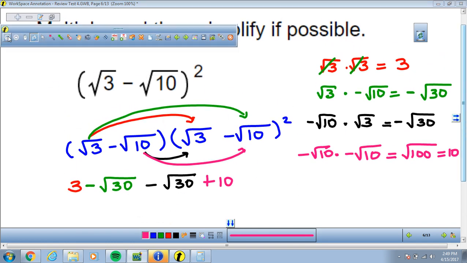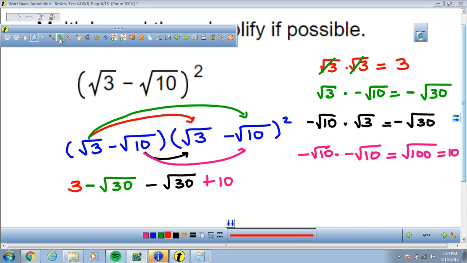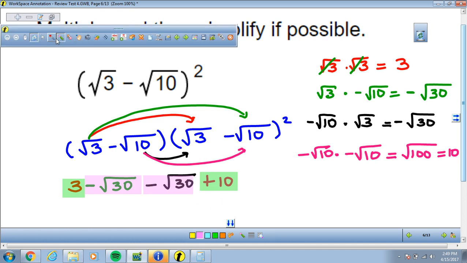So now what do we do? Simplify. Collect like terms. We could combine the 3 with the 10, and we could combine the negative square root of 30 with the negative square root of 30, because both have square roots and both have the same number inside.